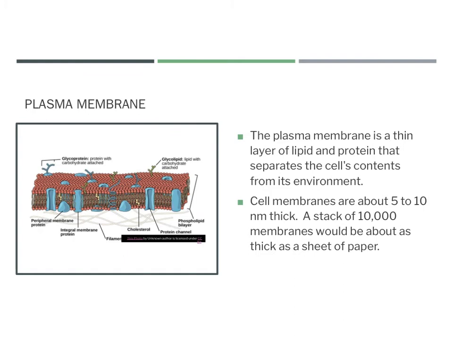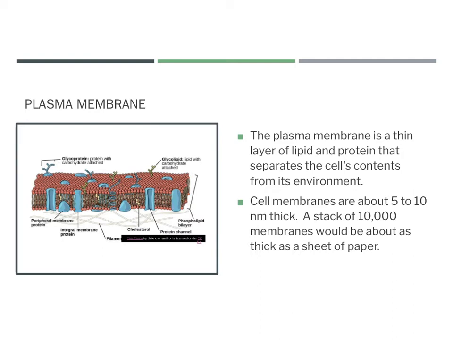All right, so let's talk a little bit more about the plasma membrane. The plasma membrane is just a thin layer of lipids and proteins. And again, think of it as a boundary. All it does is separate the inside of the cell from the outside of the cell. And here's my fun little fact about how small the plasma membrane is.